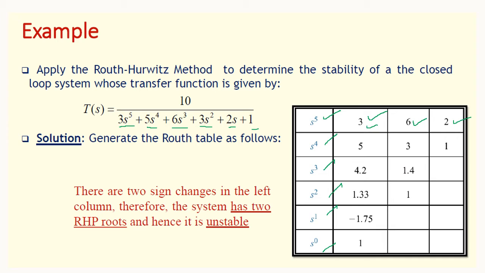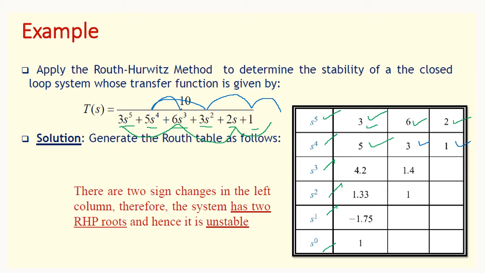Now s to the power of 4 is nothing but 5, we consider this value, and it is 0. And in the other case we consider this part and this part and this part. So it is 5, 3 and 1.